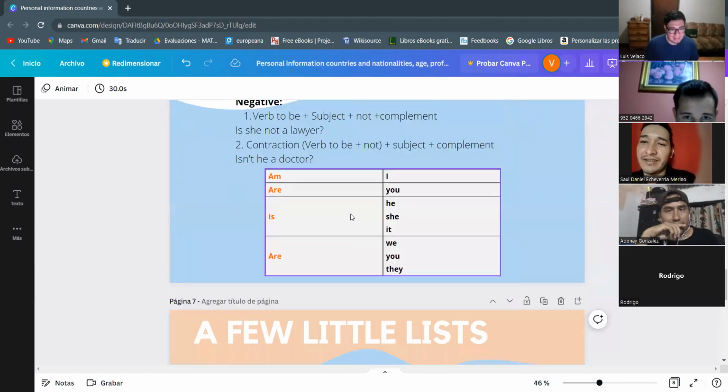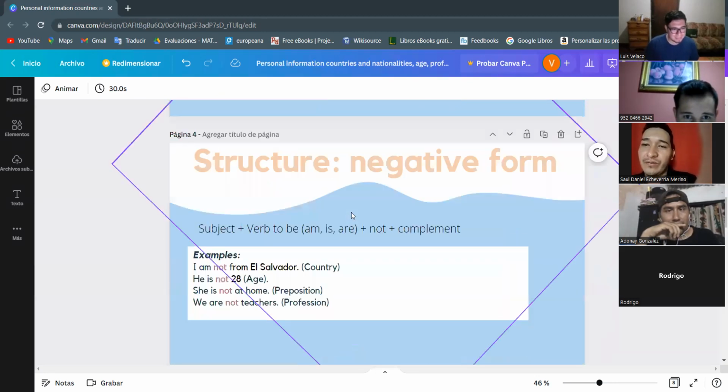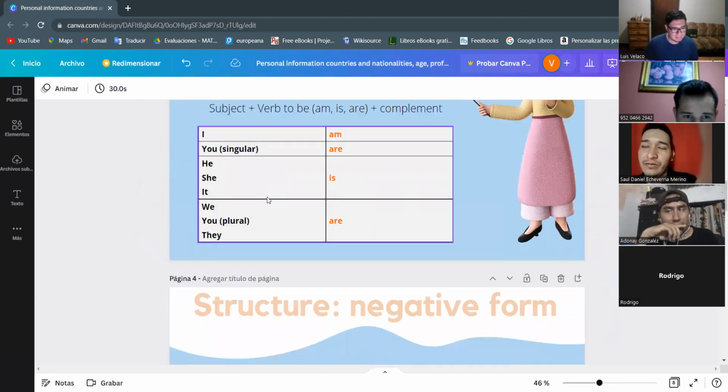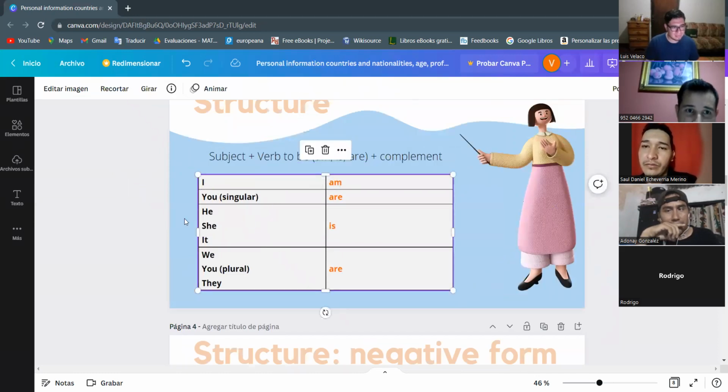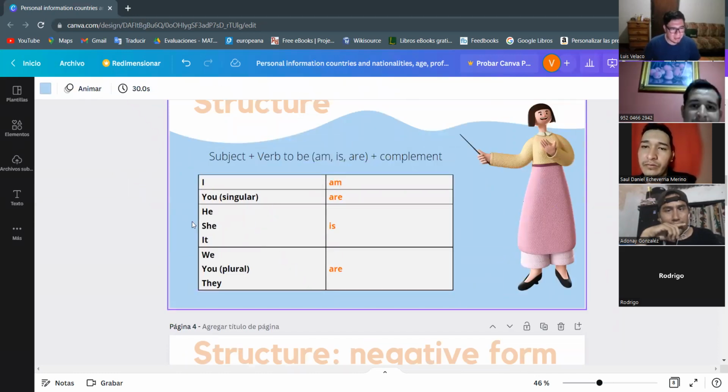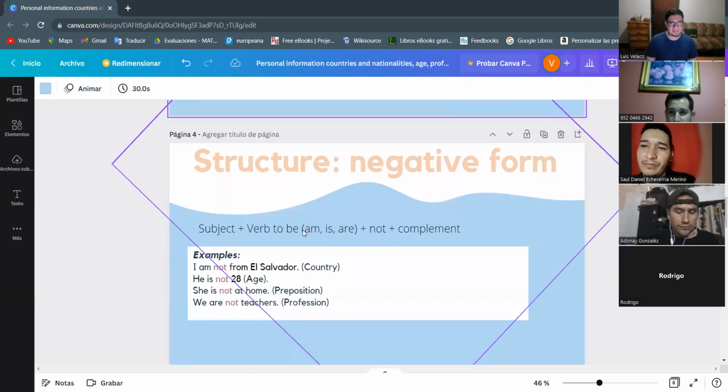Lazy. Okay. If you want to say that someone is lazy, using this structure, how would you say it? Whatever subject you want. I am lazy. Yes. Good job.